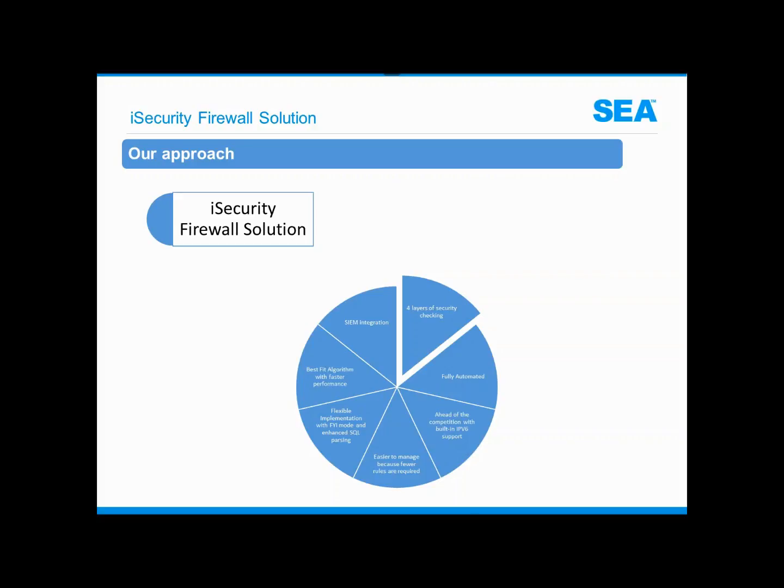We also support SIM integration, which interfaces with most of the SIM solutions that are available on the market today. So it's a more complete solution and very cost efficient as well.